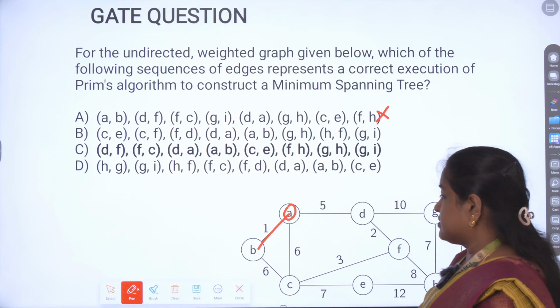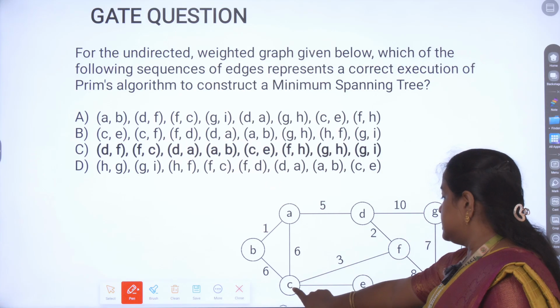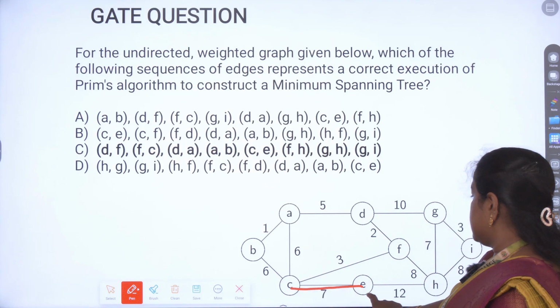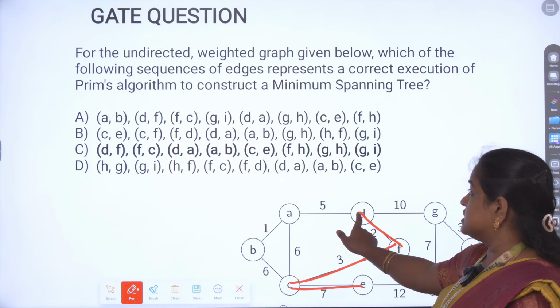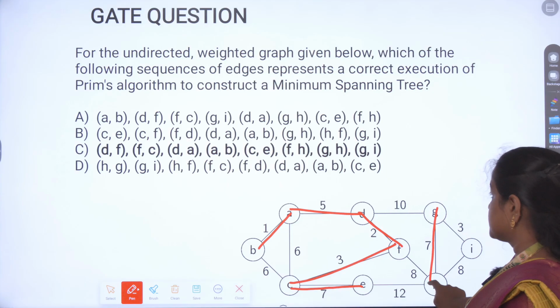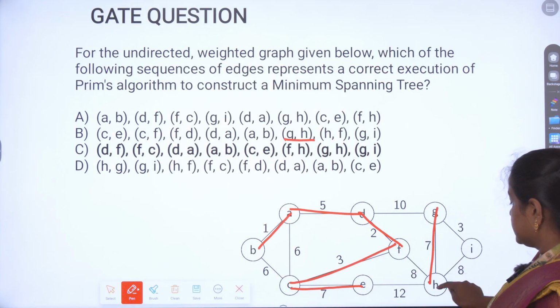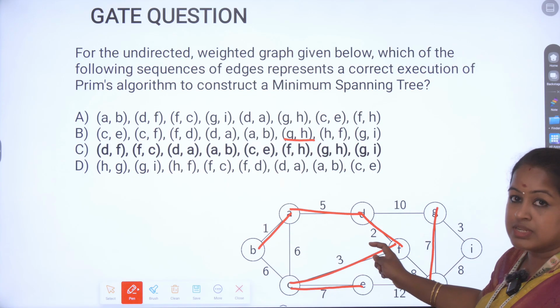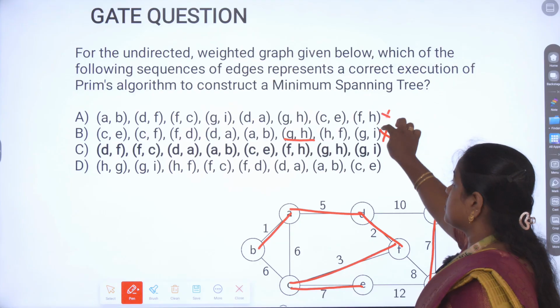C comma E. If I travel C to E, then again C to F, from F to D, D to A to B, and G to H. Here it is given G to H, but neither of the vertexes have been traversed, so that is also not an option.